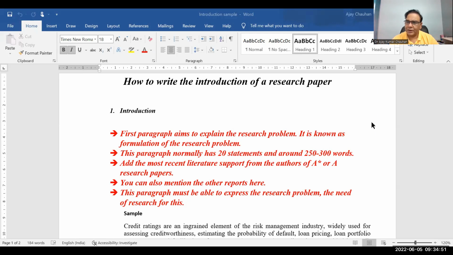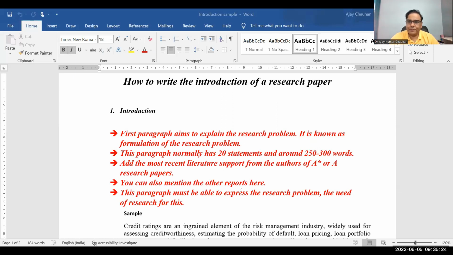Your paper will go to the editor desk and then go to the reviewer also. However, the reviewers have their own perspective, so they can suggest you to improve the paper, and the chance of publication will be very high. So the introduction part is the most important part of the research paper, and you should learn how to write it.